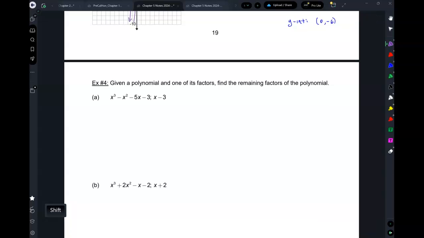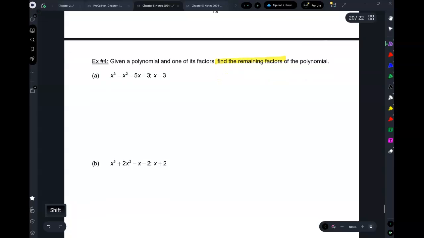This one just says, given a polynomial and one of its factors, find the remaining factors. So let's do this. Here we're going to put 3, 1, negative 1, negative 5, negative 3. Then 1, 3, 2, 6, 1, 3, 0 remainder.